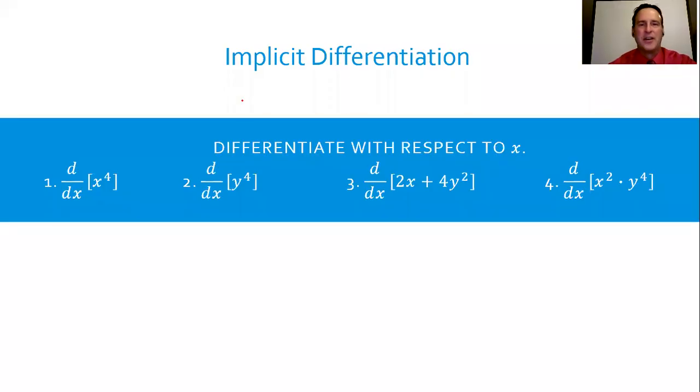Okay. All right. So let's start with some fundamentals. It says differentiate with respect to x. And you'll notice I have some x terms and I also have some y terms. So let's go. If you have x to the fourth, all you're going to do when you derive with respect to x is to do your simple power rule. So 4 comes out in the front, x to the third, and you are done.